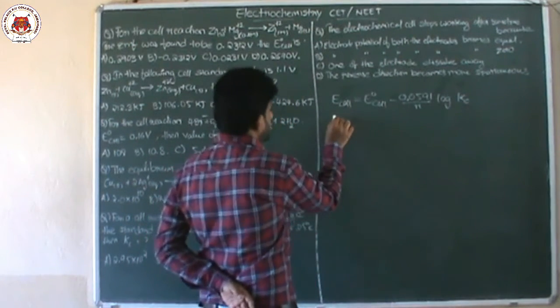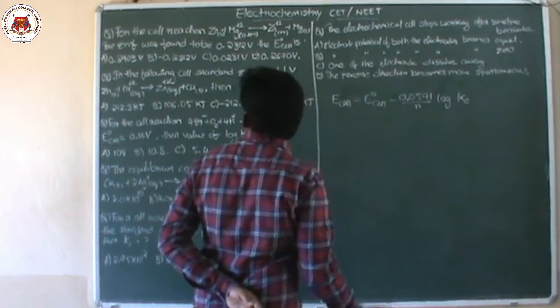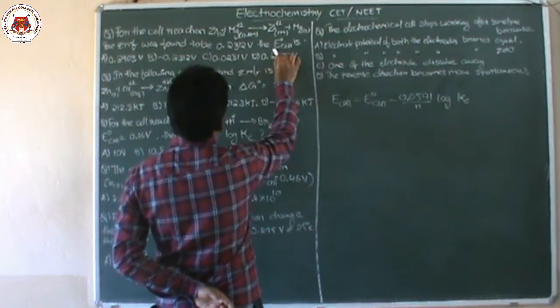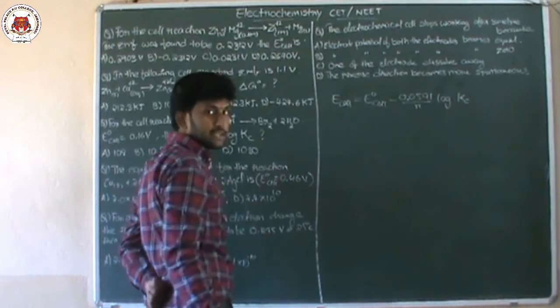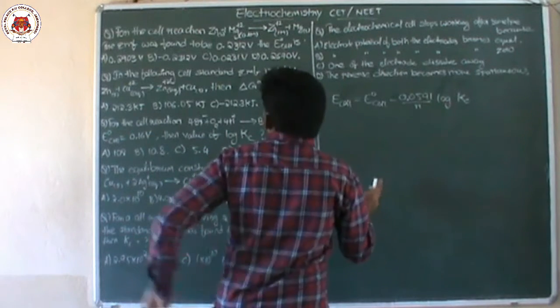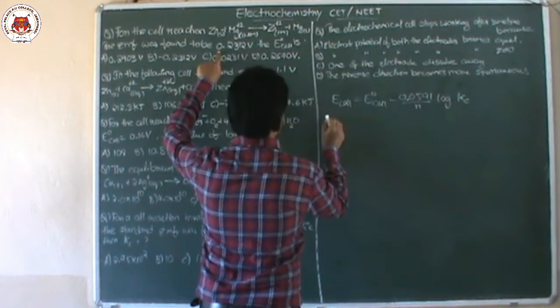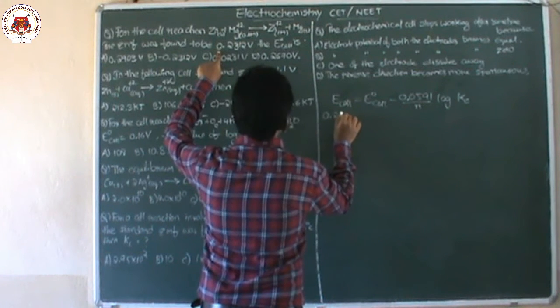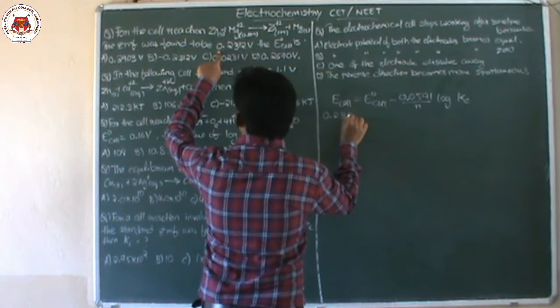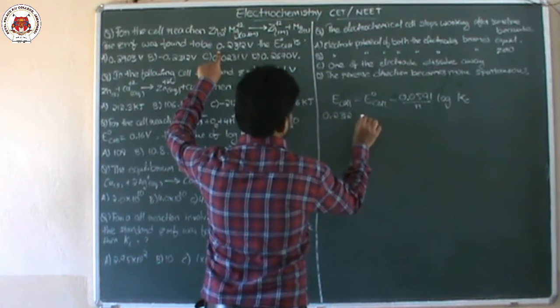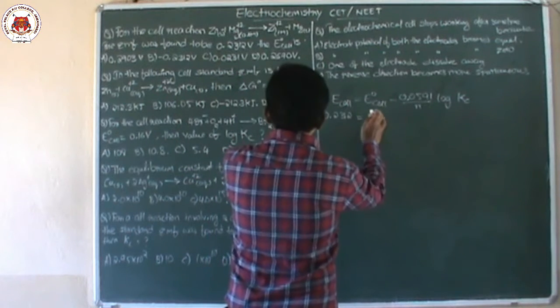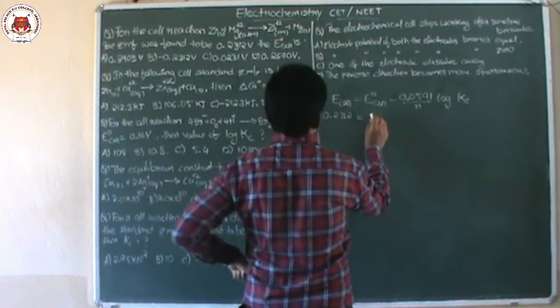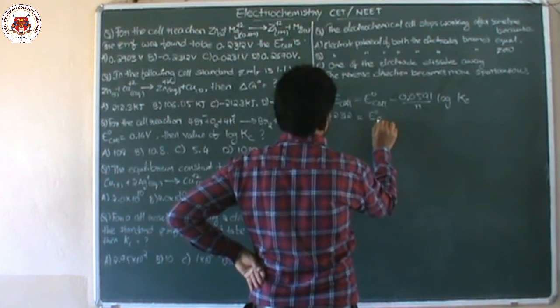Now in the question they want us to calculate E naught cell, the standard EMF, and they have given us the EMF as 0.2312 volt. This is equal to E naught cell, so you leave it as it is, we are calculating that now.